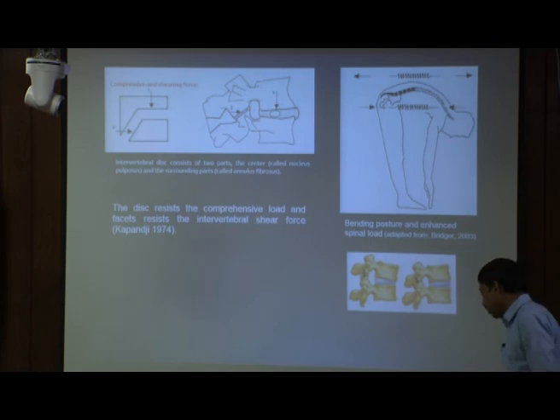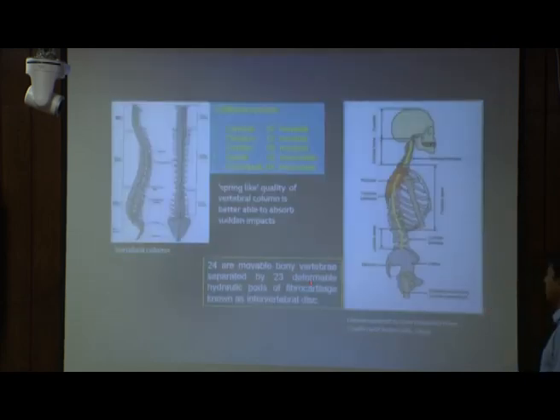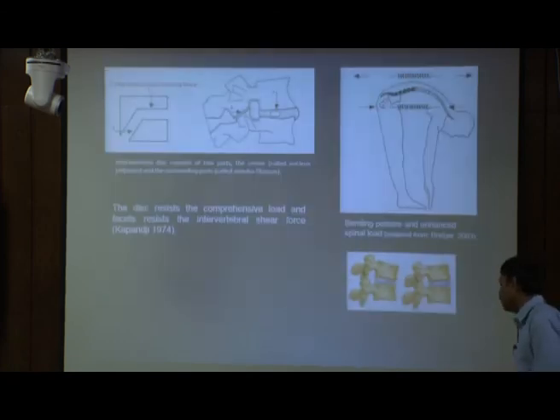Now, continuing from our earlier slide where we discussed the intervertebral disc: in between two vertebrae there is an intervertebral disc. Say this is one vertebra and this is another. While we are bending forward, what is happening?